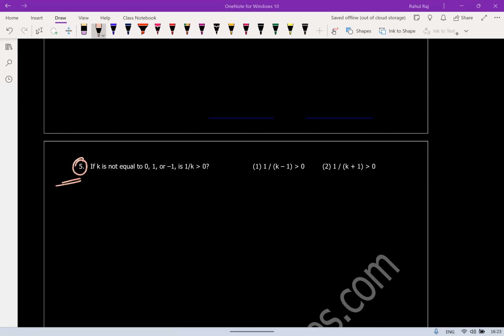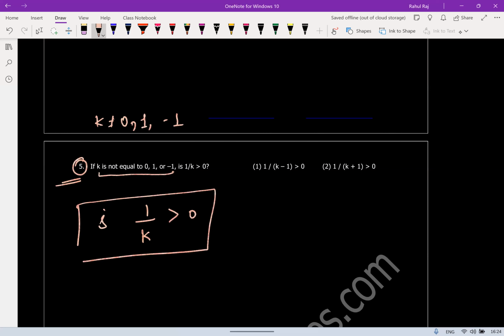So here, I'll tell you how you should approach a question. There's a bit of information given, but it's only playing around with the fact that k is not equal to 0, 1, minus 1. So my question becomes now, is 1 over k greater than 0? This is my question.